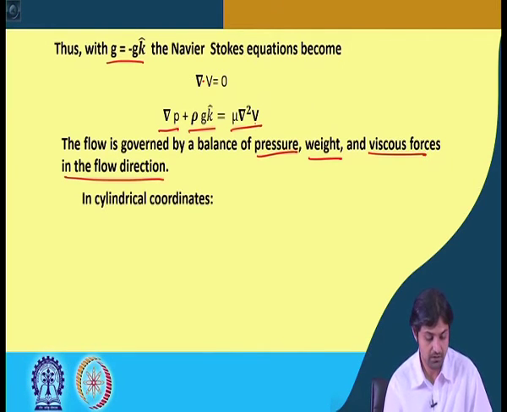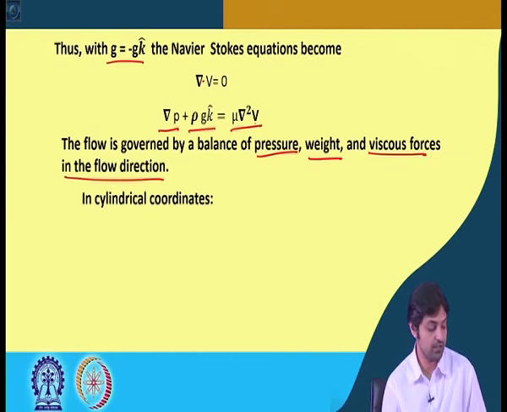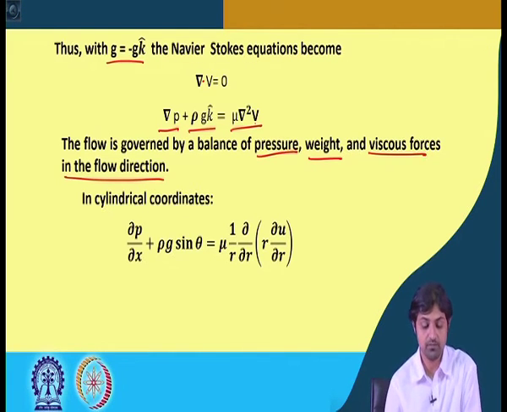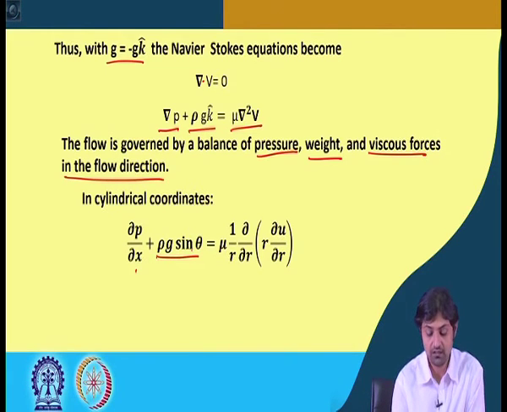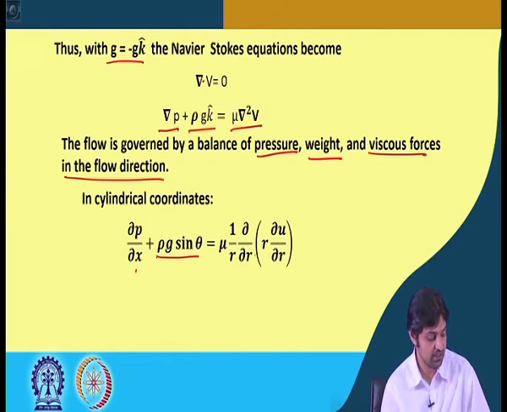All right. In cylindrical coordinates, we can simply write del p by del x plus rho g sin theta, whereas mu in the radial direction is 1 by r del by del r into r del u by del r.